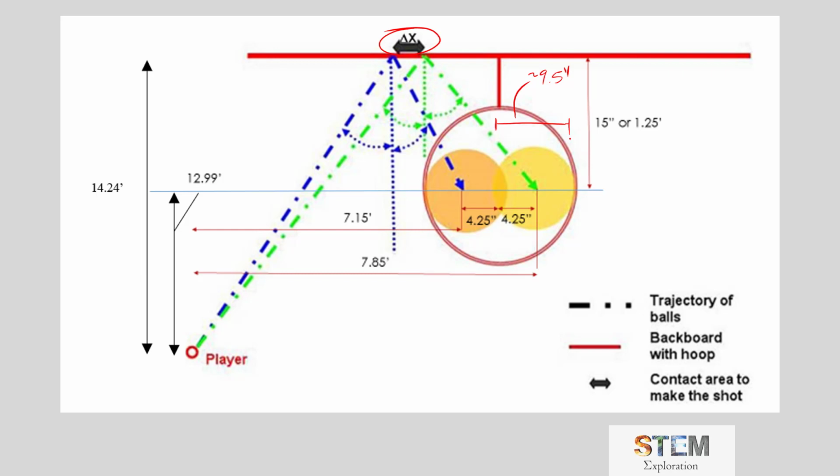But the other thing we talked about in the previous video is that the diameter of the basketball hoop itself is 18 inches. So if you subtract 9.5 inches from 18 inches, this gives me how much leeway I have in both directions, which happens to be 8.5 inches.